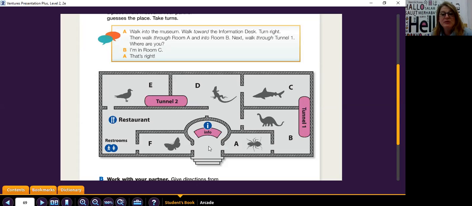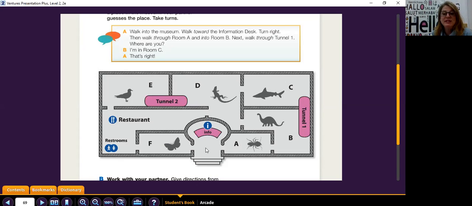Walk into the museum and go left. So you would be by the butterfly room or in the F area. Okay, so I would be in the butterfly room.